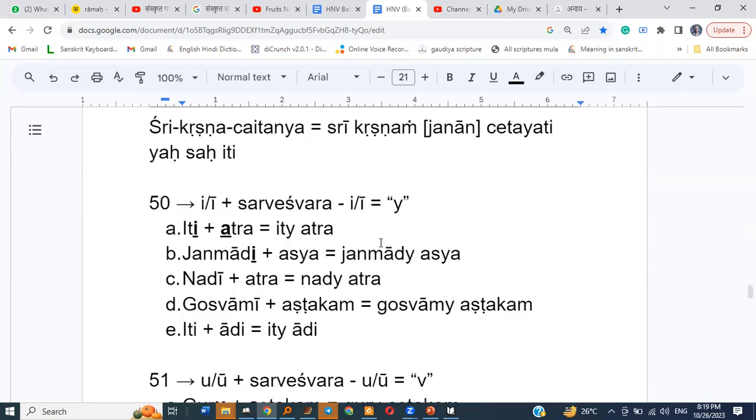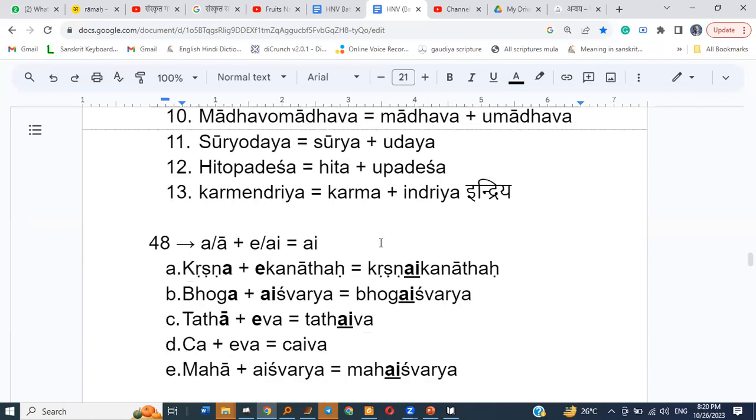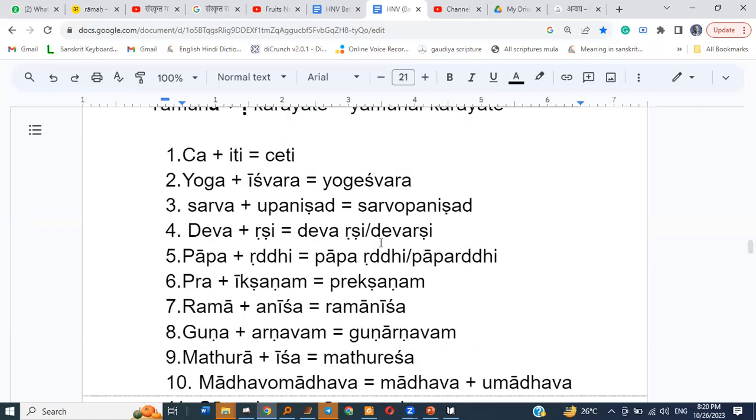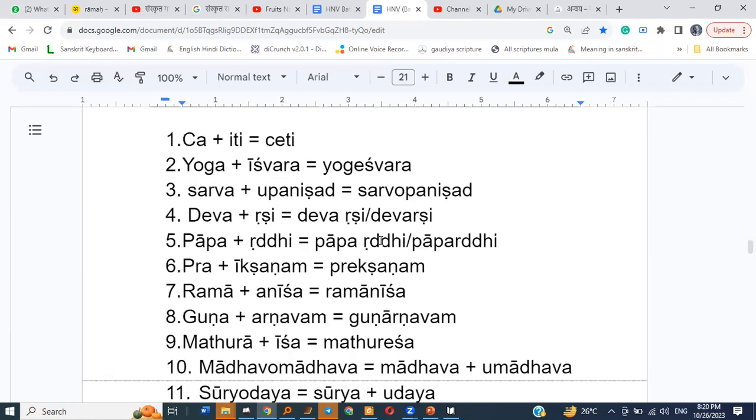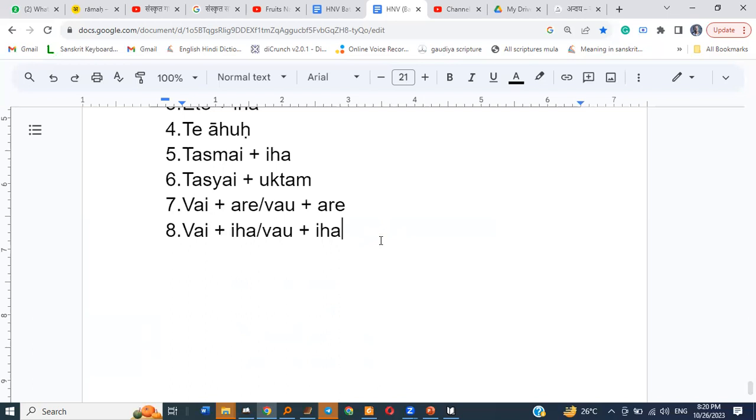So Sutra 50th for that one. Sutra 50th, 49, 48. So practice sheets for this homework.